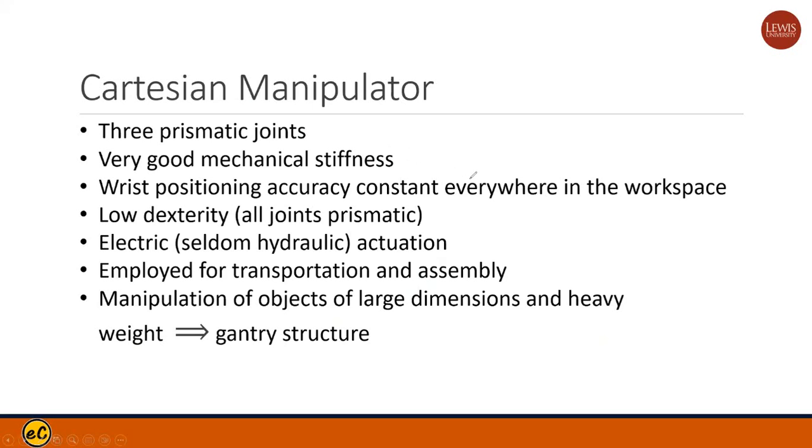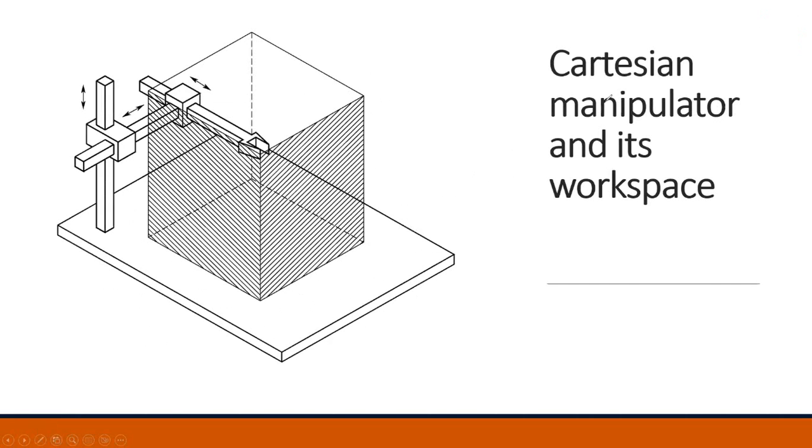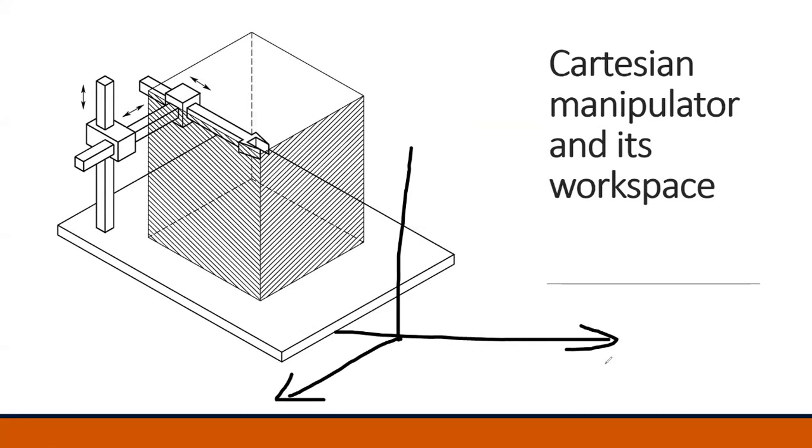Given one manipulator type, we do have Cartesian, because of the Cartesian coordinate. So Cartesian coordinate is based on the XYZ coordinate.